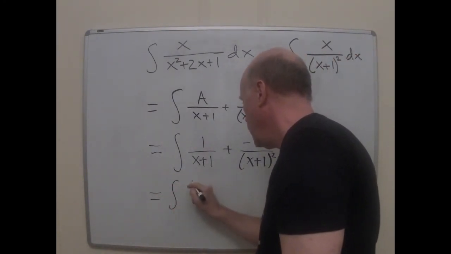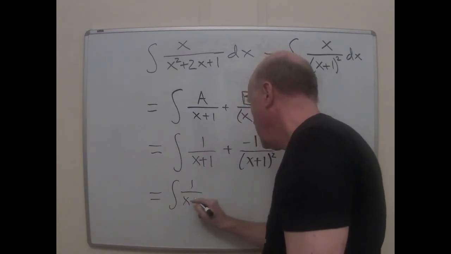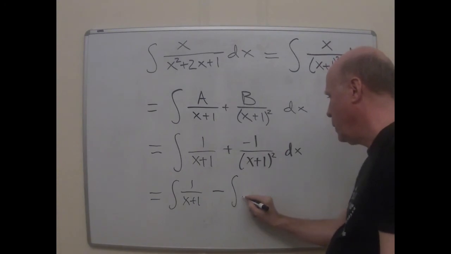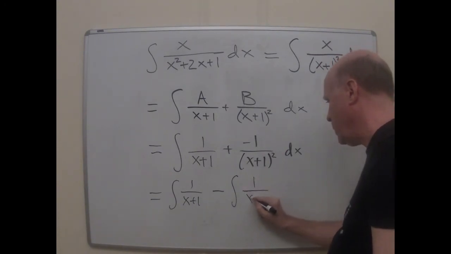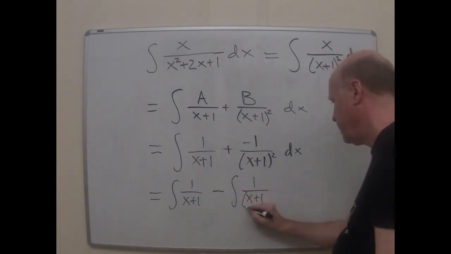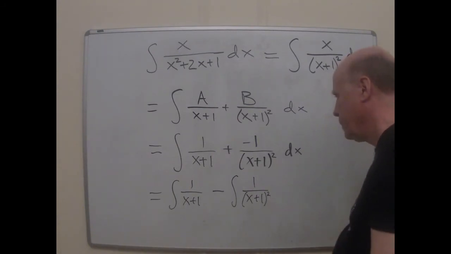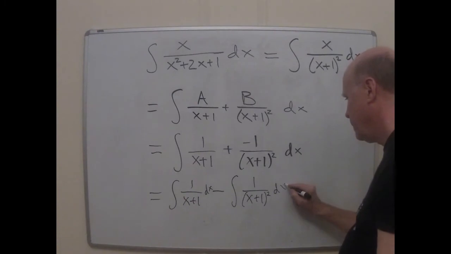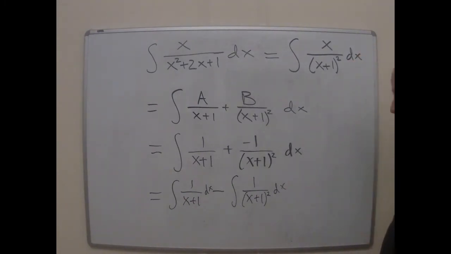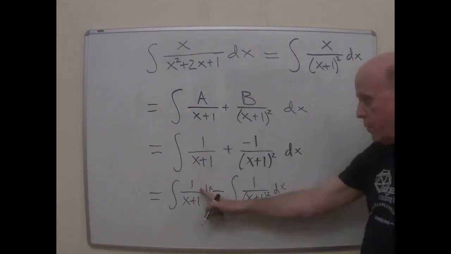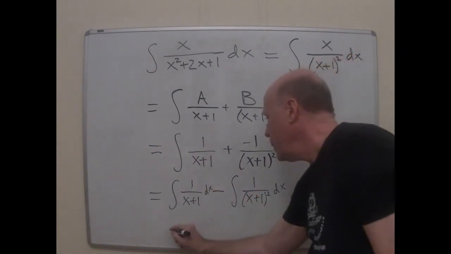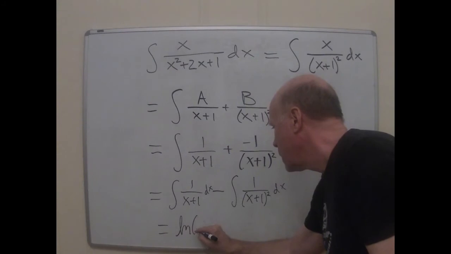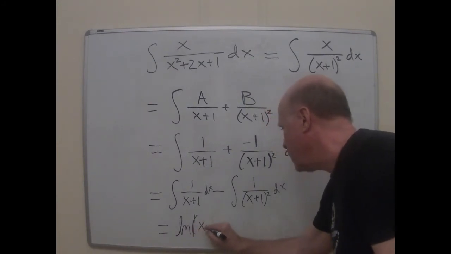Integral of 1 over x plus 1, and let's pull that minus sign out front and make it minus the integral of 1 over (x plus 1) to the second power. Both of these are dx. And both of them are completely doable, right? The first one is the natural log of absolute value of x plus 1.